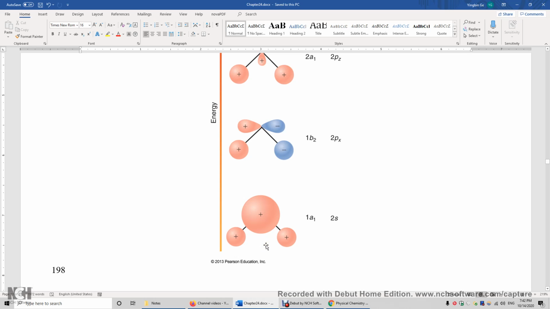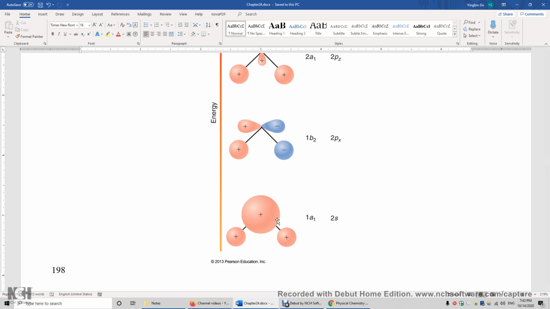This C2V point group contains 4 irreducible representations: A1, A2, B1, B2. So A means this MO here, for example, is symmetric with respect to the rotation about the C2 axis.